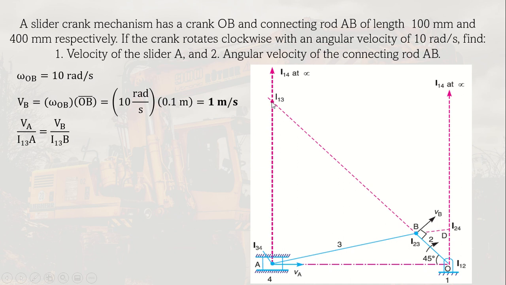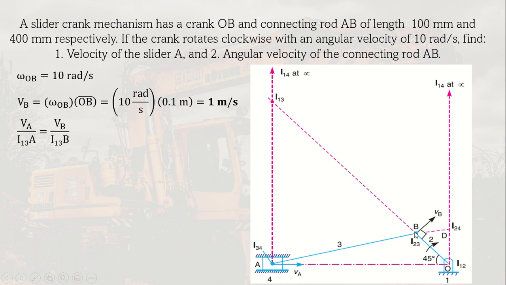The distance of I3 to A is I3A, and the I3B is this one. We use this instantaneous center because it connects A and B, so it will help us get the velocity of A easier later on. Meaning I3 is a common center of rotation for point A and point B.